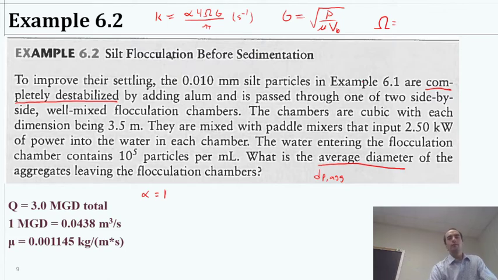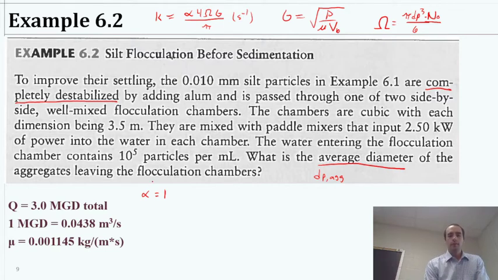Like, for example, this is the number times the volume of particles, right? So this is going to be the volume equation. This is pi dp cubed over 6 times n naught. All right, so those are the equations we had.